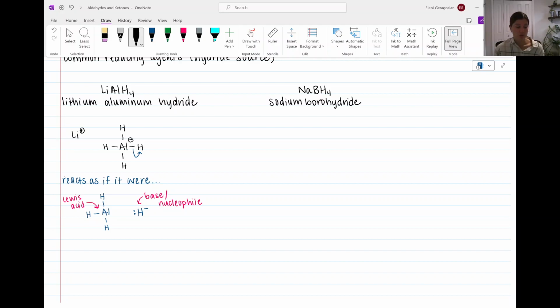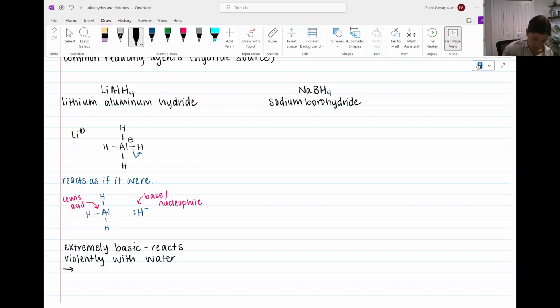Now this reducing agent is extremely basic. It reacts violently with water. So to perform this reaction, a polar aprotic solvent is needed.